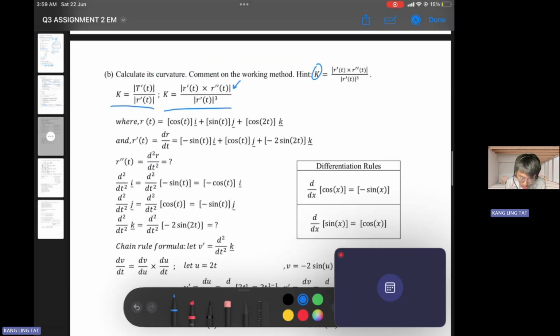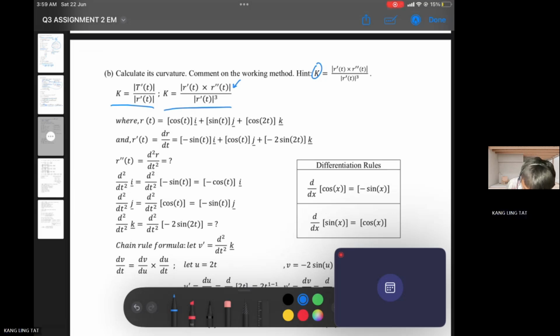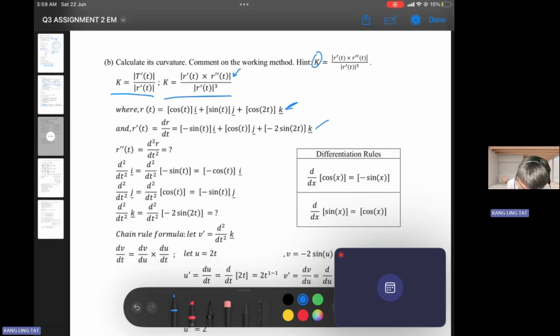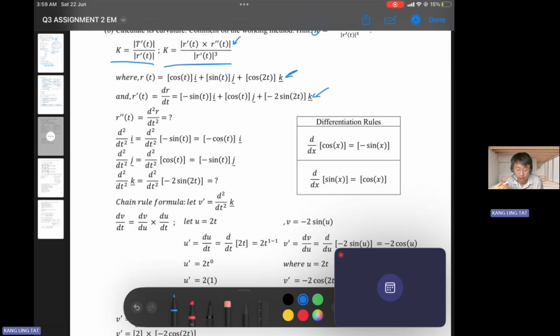So now we know that here is our vector function, and we also found the first derivative of the vector function already. With that, we can also find the second derivative. It's going to be the same thing as question 3A, but this is going to be a second derivative for each of the coefficients.